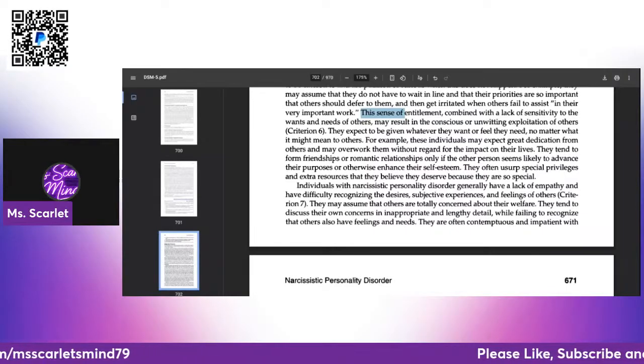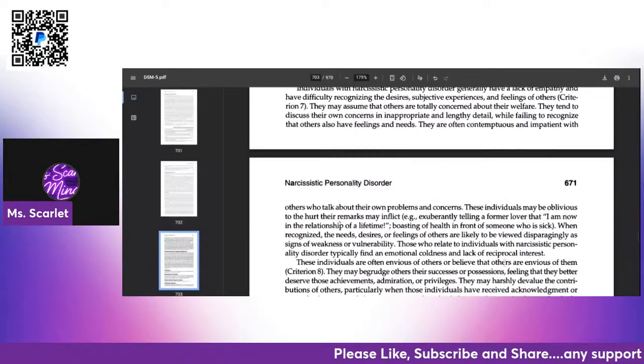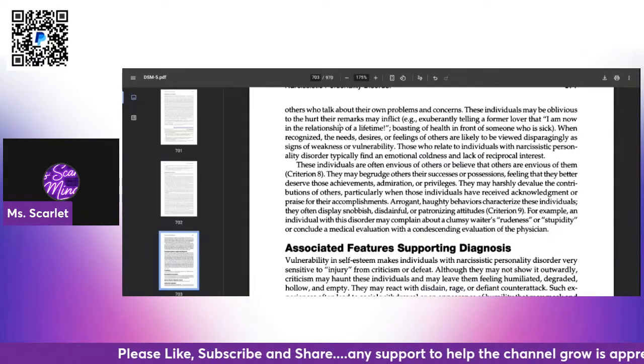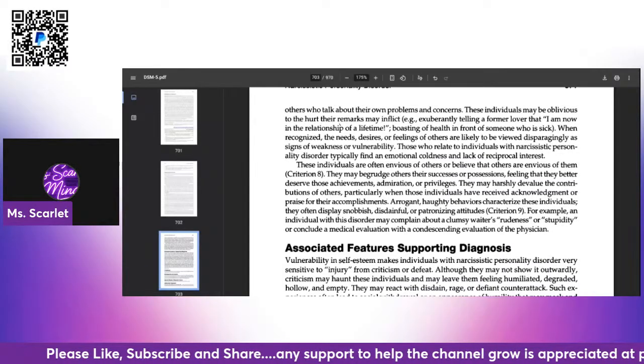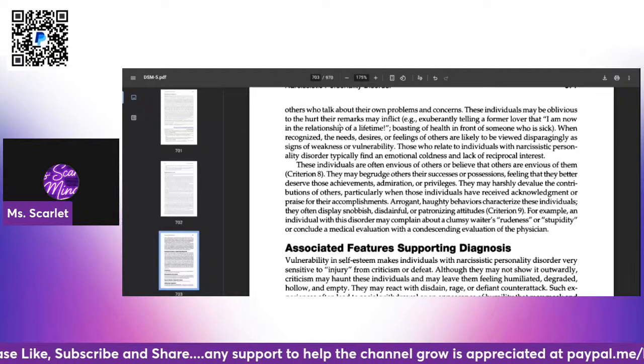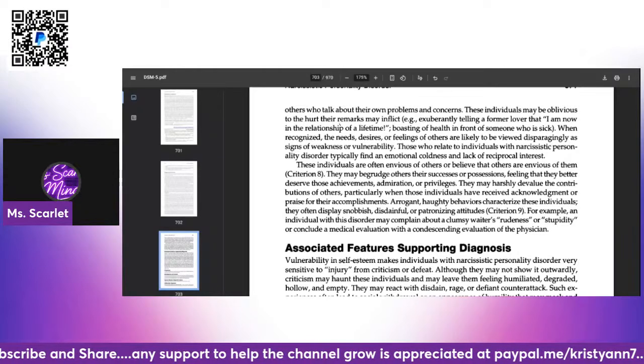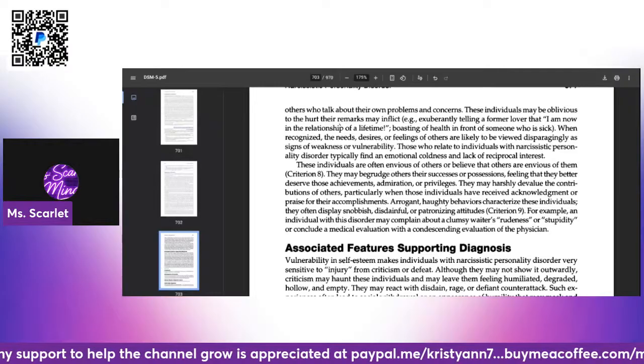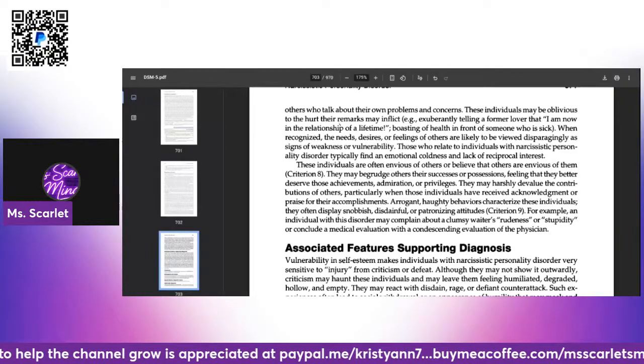They are often contemptuous and impatient with others who talk about their own problems and concerns. These individuals may be oblivious to the hurt their remarks may inflict, exuberantly telling a former lover, "I am now in the relationship of a lifetime," or boasting of health in front of someone who is sick.